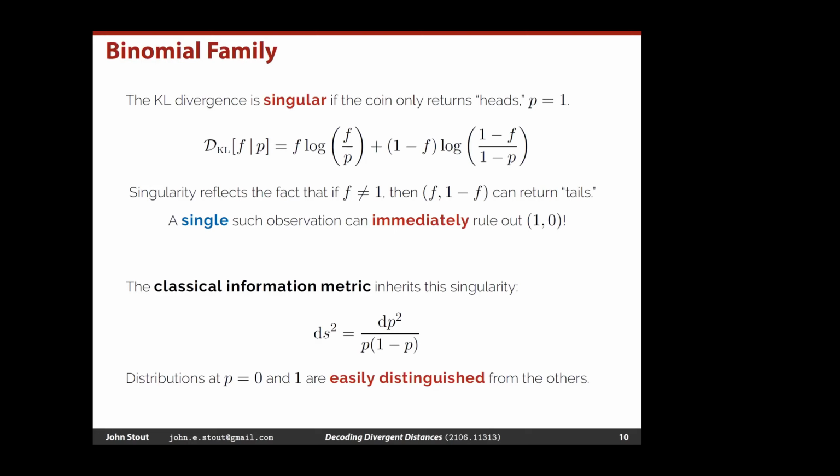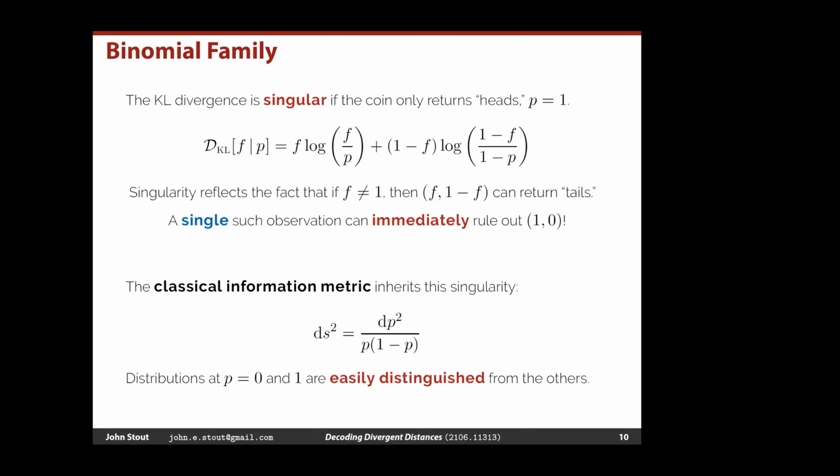There are events that happen when f is not equal to 1 that do not happen in the p case. And that singularity is inherited by the singularity in this information metric. The fact that it diverges is a reflection of the fact that there are events that do not appear, so it's easily distinguished from others.